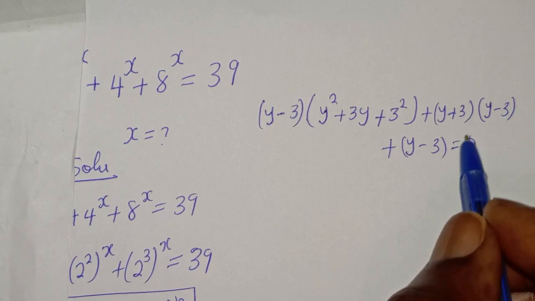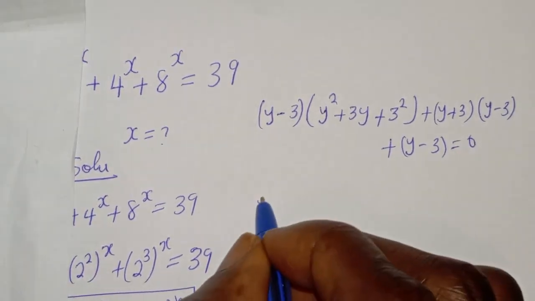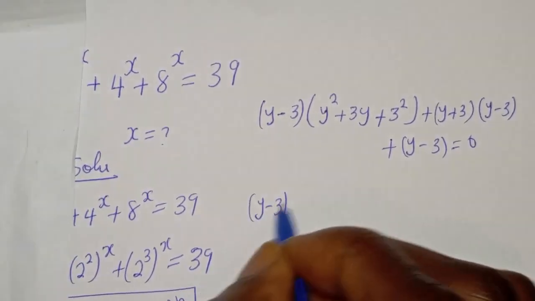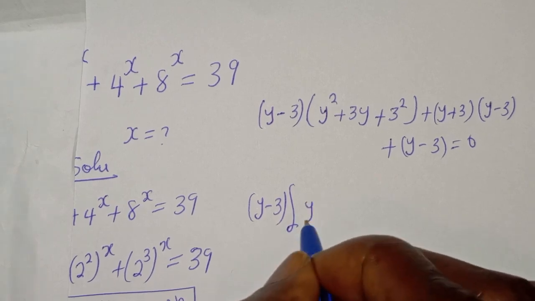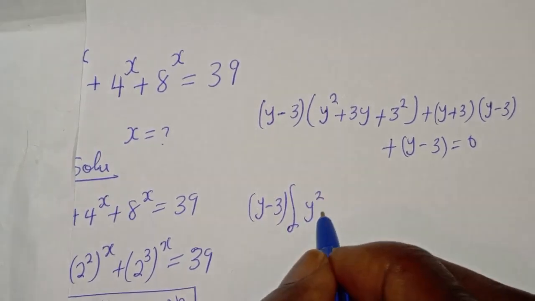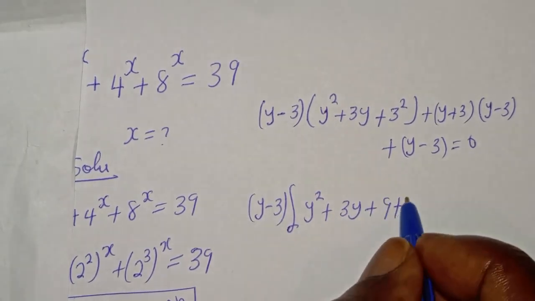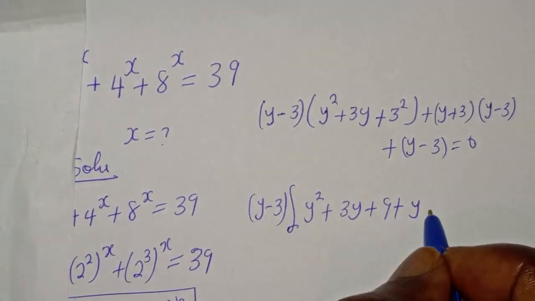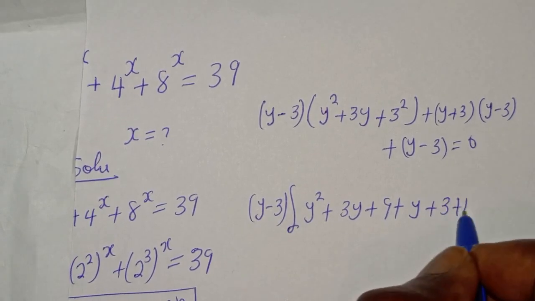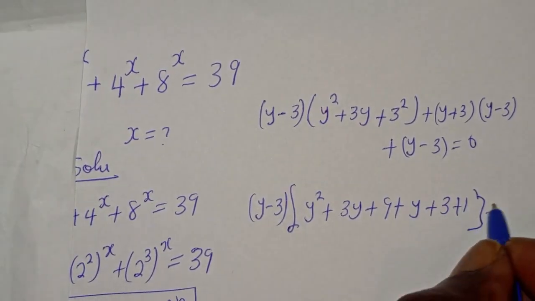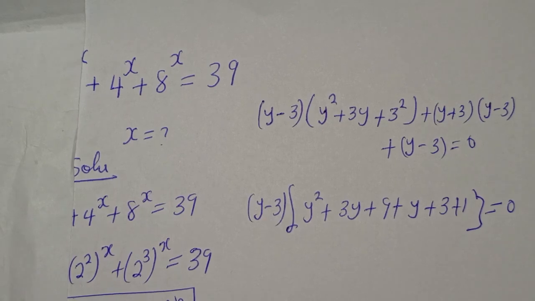We can see that y minus 3 is common. Let's bring it out. We have y minus 3 bracket y squared plus 3y plus 9 plus y plus 3 plus 1 is equal to 0.